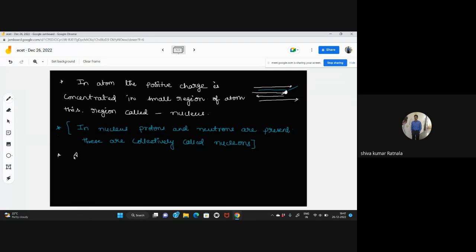So by saying the atom consists of protons, he has given a place for the positively charged particles in the atom.